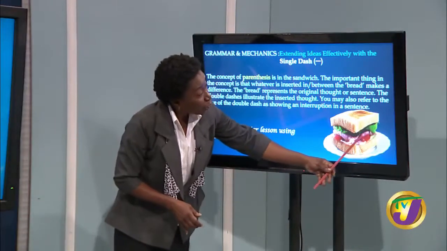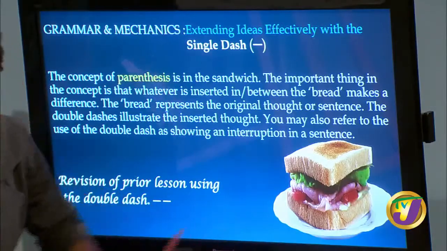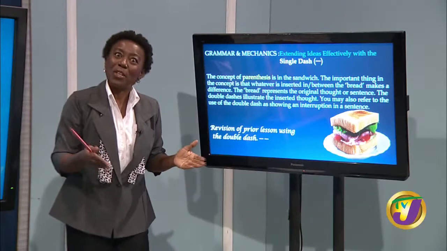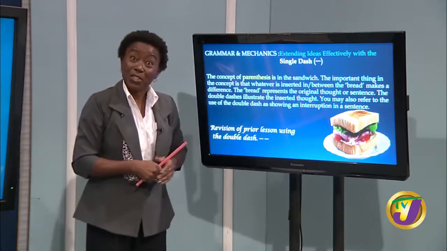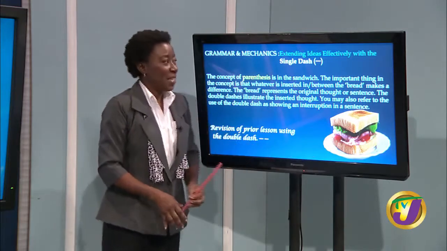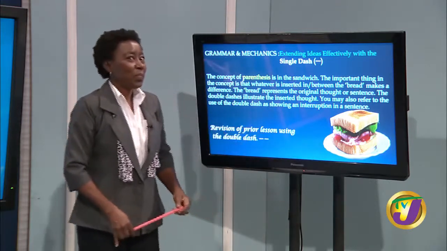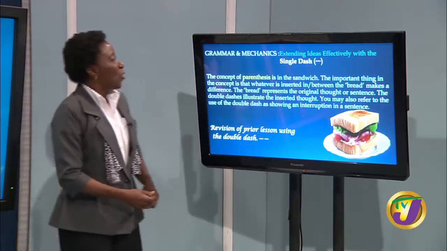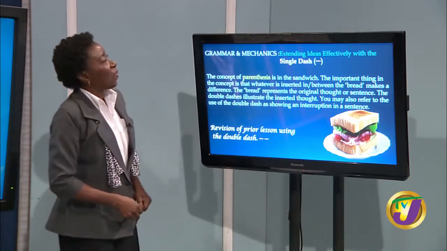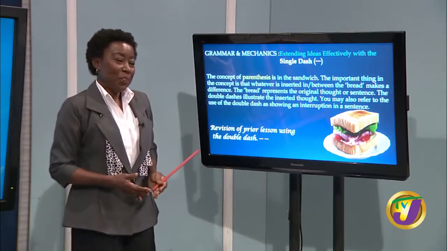And the filling that you put between the bread, that is the additional thought that makes a sentence much more interesting. You can just imagine from this illustration how much more interesting it is to sink your teeth into this. So, the concept of parenthesis is in the sandwich.